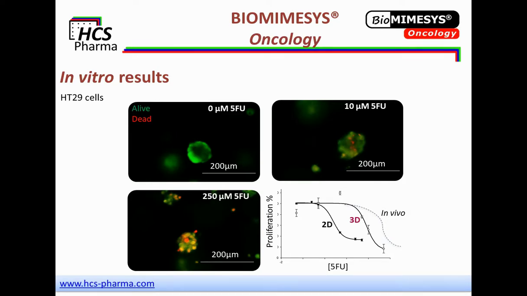And thanks to imaging, we could design the EC50 curves, and we can see from the graph that there is a shift in these EC50 curves between 2D and 3D in biomimesis, suggesting again that the responses are closer to the in vivo situation in terms of responses to drugs. So this type of study is done on other cell types, and other screenings are ongoing.